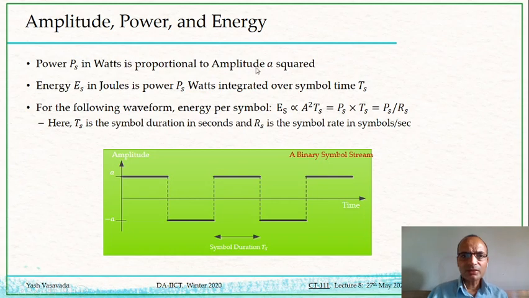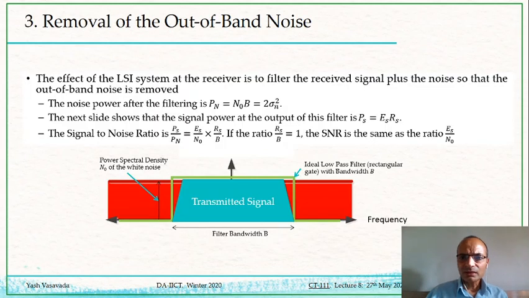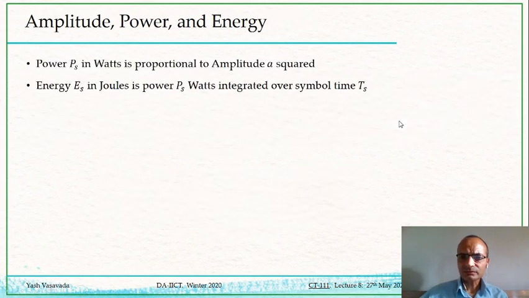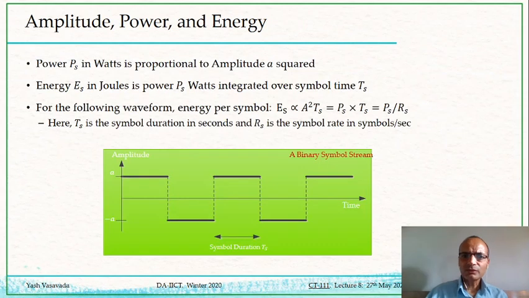But A squared we have said is equal to power, and so that is why energy per symbol is the product of power per symbol times the symbol duration T of S. But symbol duration T of S is 1 over R of S, and so therefore we can say that E of S is P of S divided by R of S, and that is why over here we have written P of S as E of S times R of S from this equation.